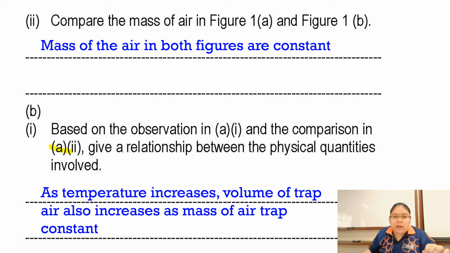A2 is the mass, so you need to mention the mass of the trapped air is constant. A1 is temperature and volume, then you include A2, the mass. So you need to mention three physical quantities together: volume, temperature, and lastly the mass must be constant.